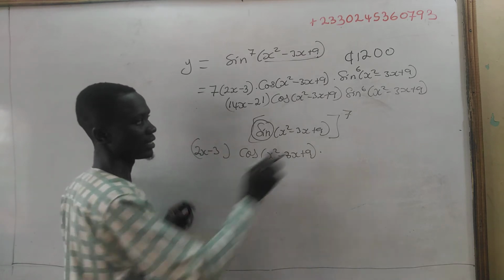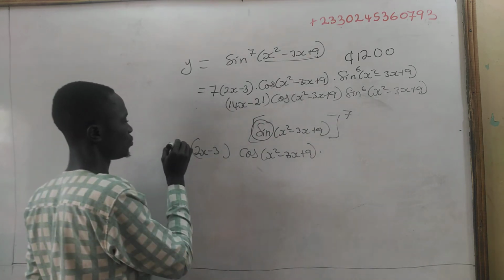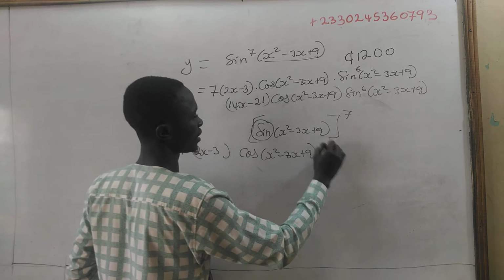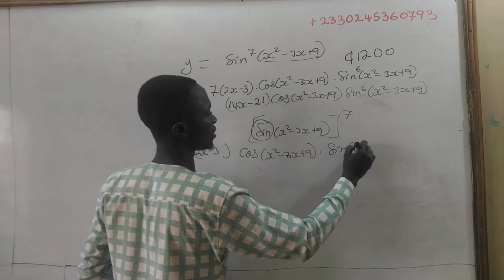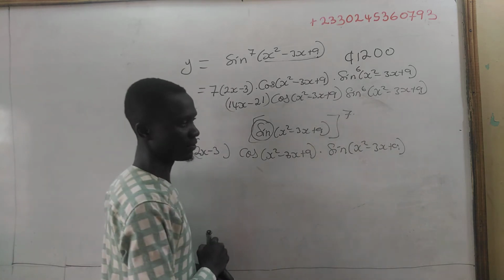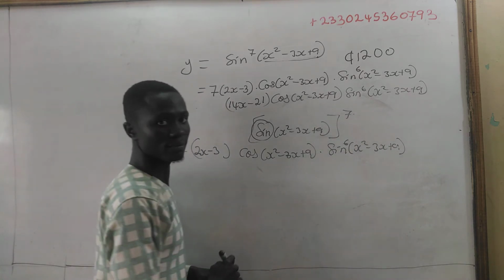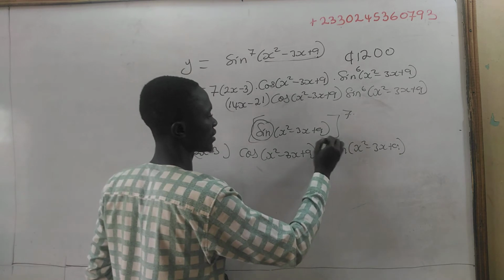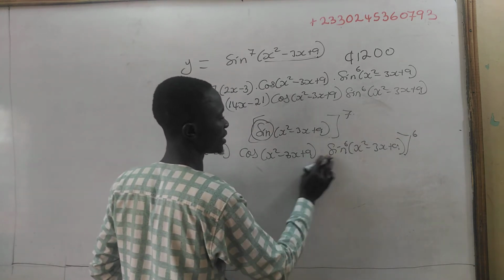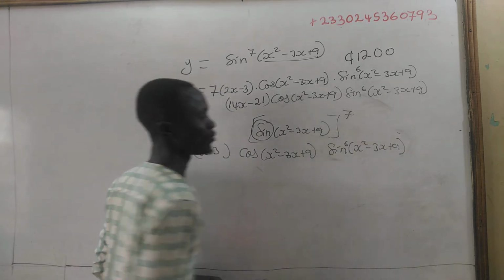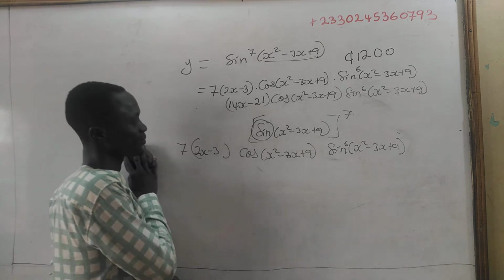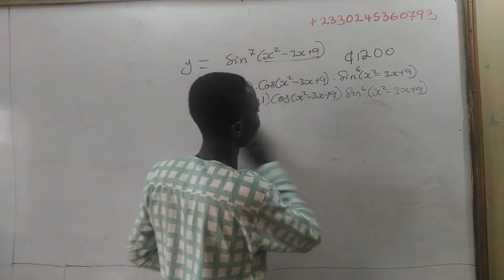Then we are finished with that. Then this power will come, so we bring the power in front, times the original, and this is the original: sine of (x squared minus 3x plus 9). Then we take 1 from the 7, so it will become 6. Or you can write it as this before you bring it to this part, but the same thing. Or you can do that in your head and it will help. Now let's see.